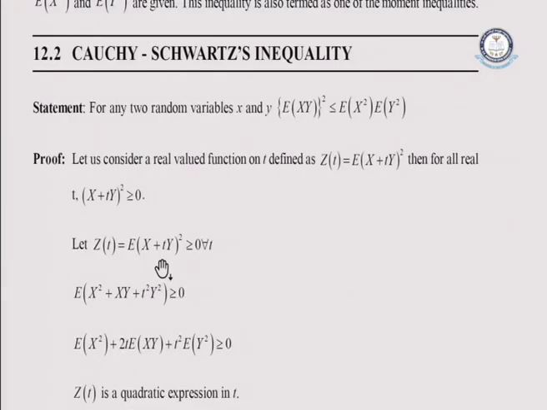Here we are defining different types of terms and for real values we are considering only t. We take some expansion of those variables for solving this. So this is possible for the Cauchy-Schwarz inequality for the probability distribution function, density function and probability mass function also.